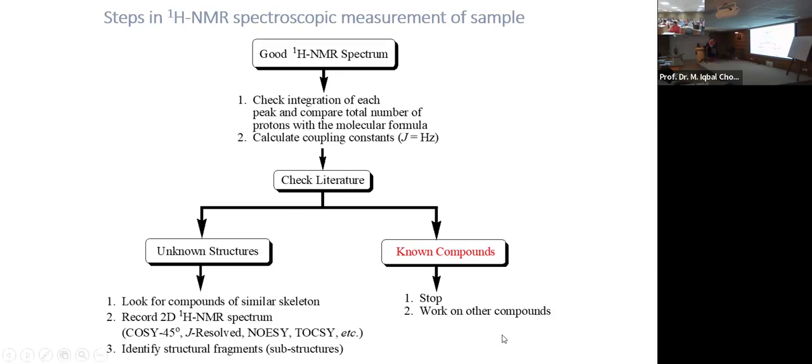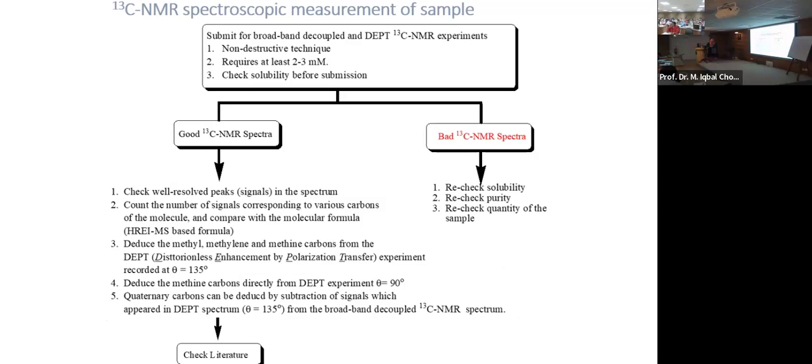If it is an unknown compound, then you need to go for other techniques like COSY, J-resolve, NOESY, TOCSY, HMQC, HSQC, HMBC, lots of experiments, and then identify structural fragments. For an unknown compound, proton NMR alone is usually not enough to get the structure. You need C13 NMR, and you need the 2D spectra also.